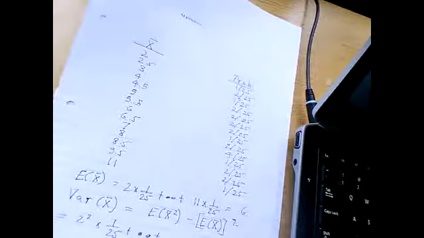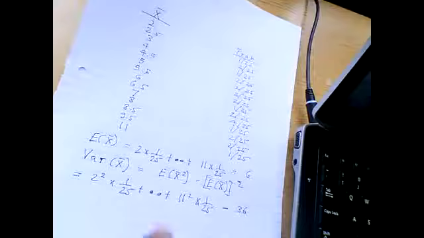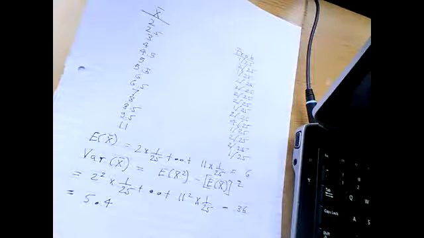So this is going to be 2 squared times 1 over 25 up to 11 squared times 1 over 25, right? Minus 6 squared, which is 36, right? Okay, now if you do the math for this, you will get this to be 5.4.